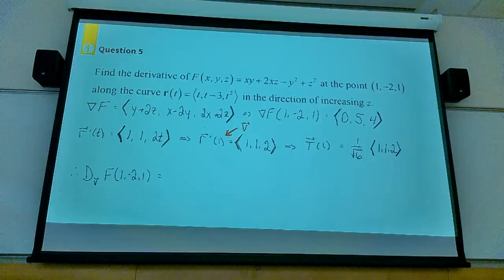Gradient of f at the point dotted with your direction vector, which has to be unit. 0, 5, plus 8 is 13, times 1 over root 6. And 13 over root 6 would be our directional derivative.